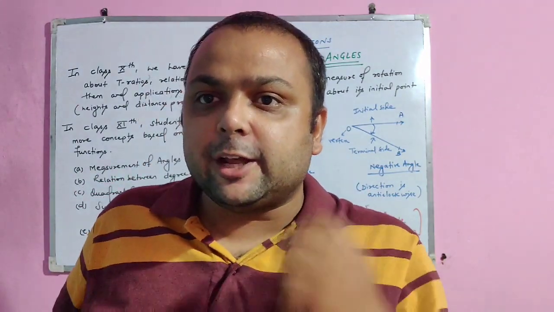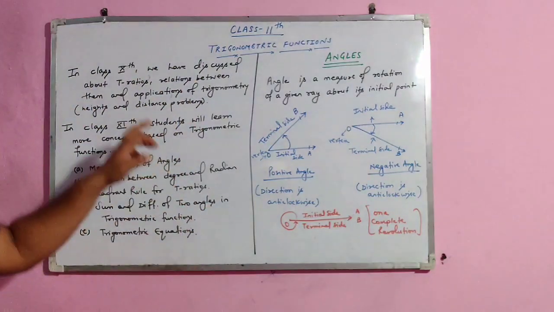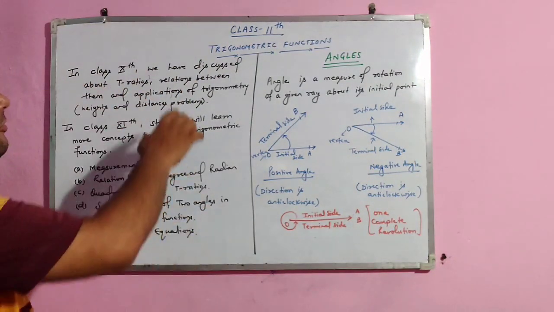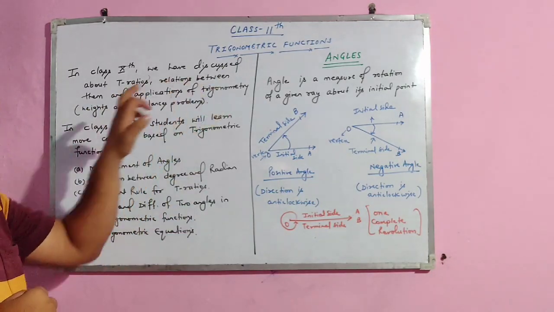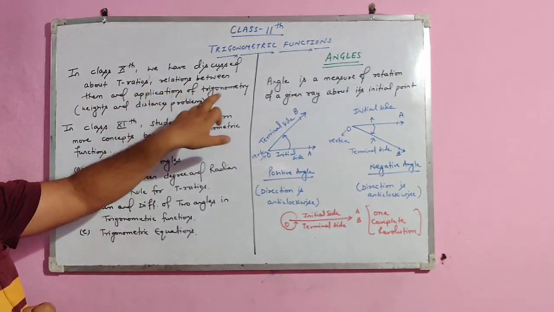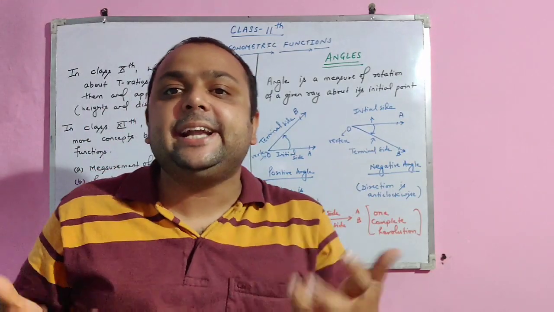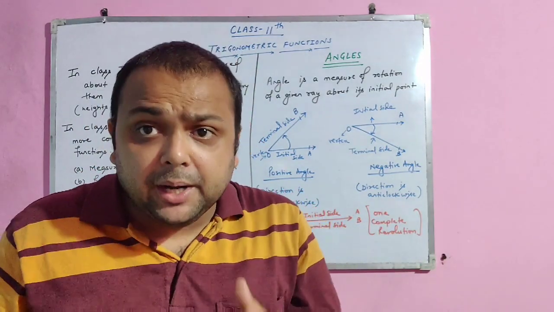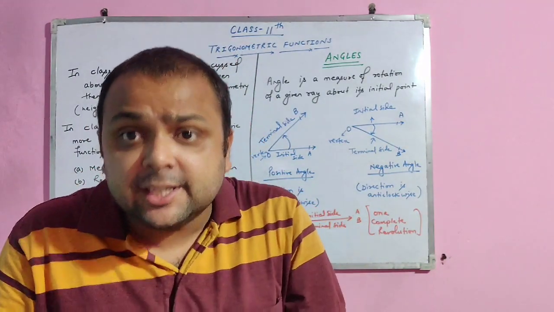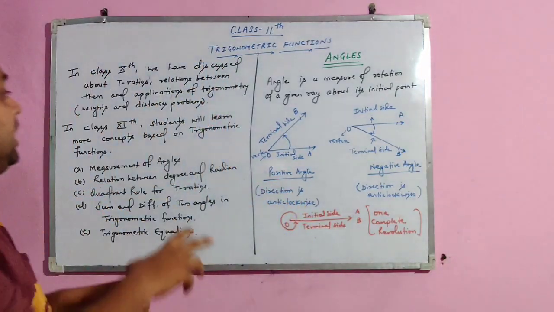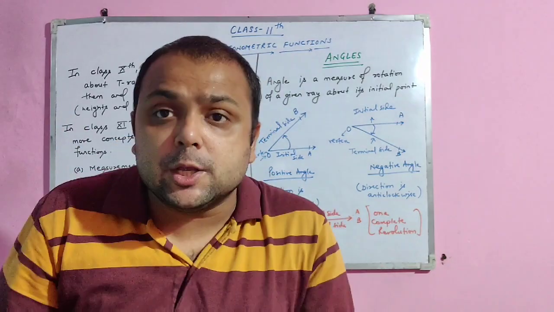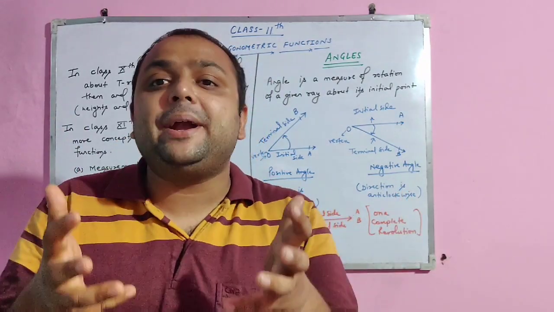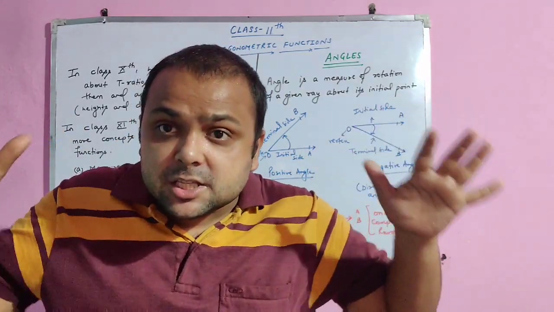Please see it very carefully. Now, in class 10th, we have discussed trigonometric ratios, relation between them, and applications of trigonometry, basically height and distance problems. But in class 11, we are going to see some new concept based on trigonometry as a function, as a circular function.